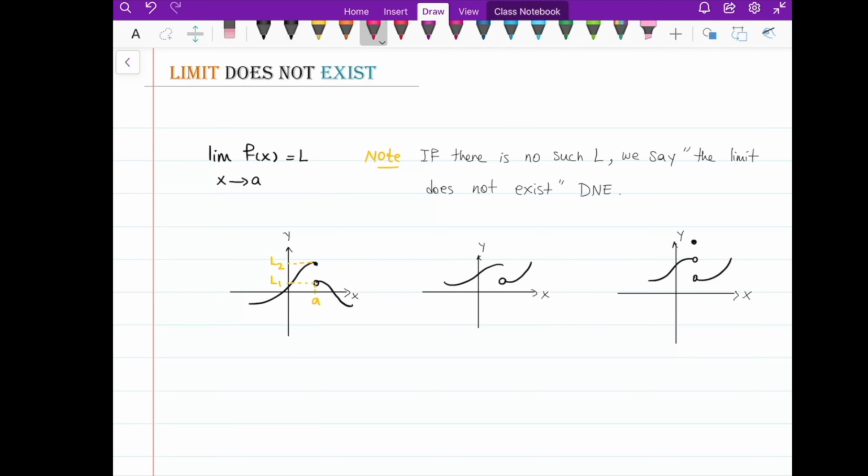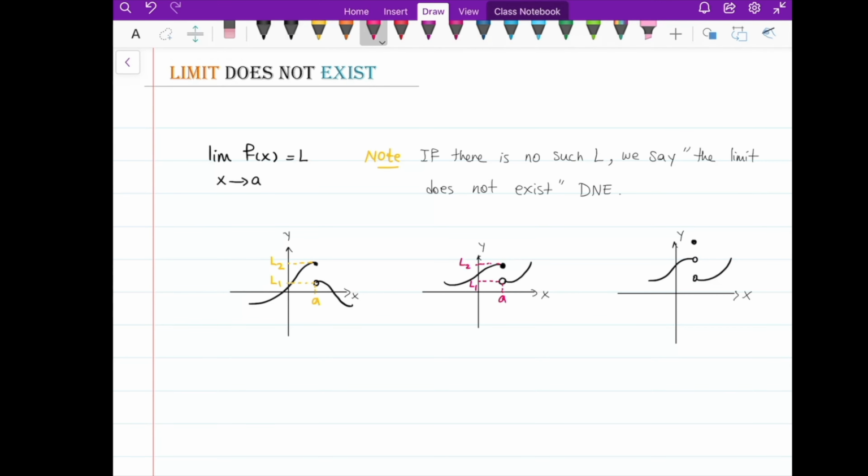If this is the point A, and we are getting closer to A from the right, f of x is getting closer and closer to L1. But if we are approaching A from the left, as you see, the value of the function would be following this one, which would be L2. Okay?